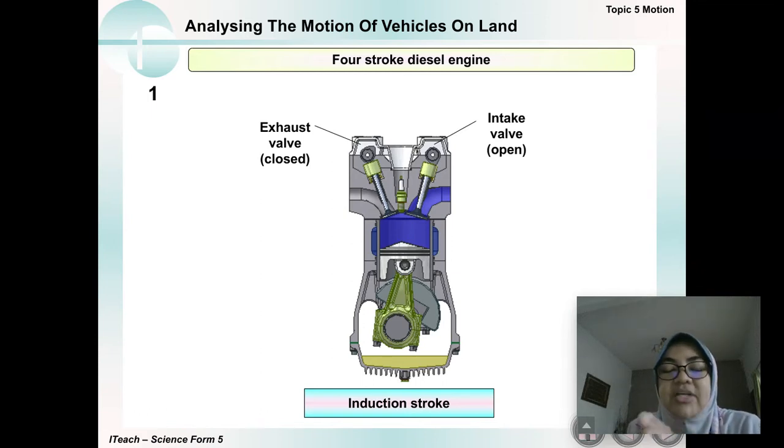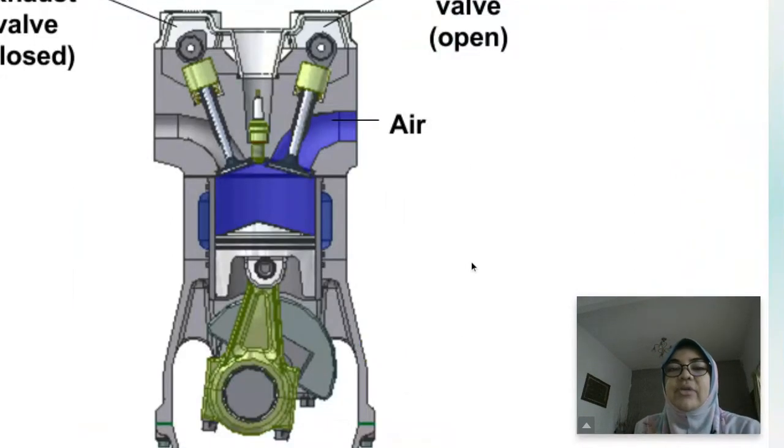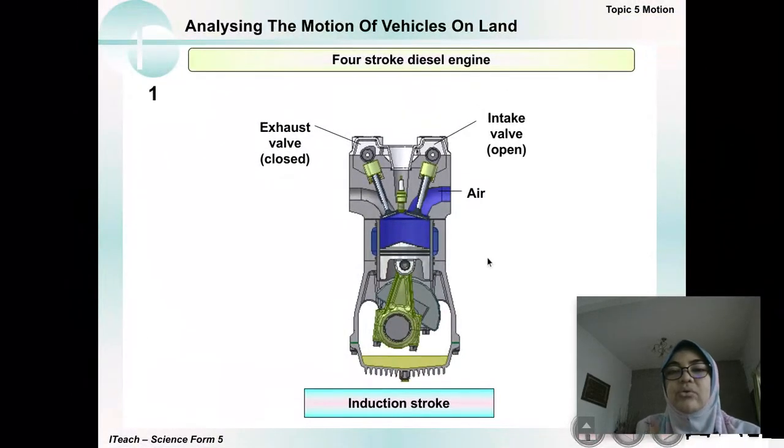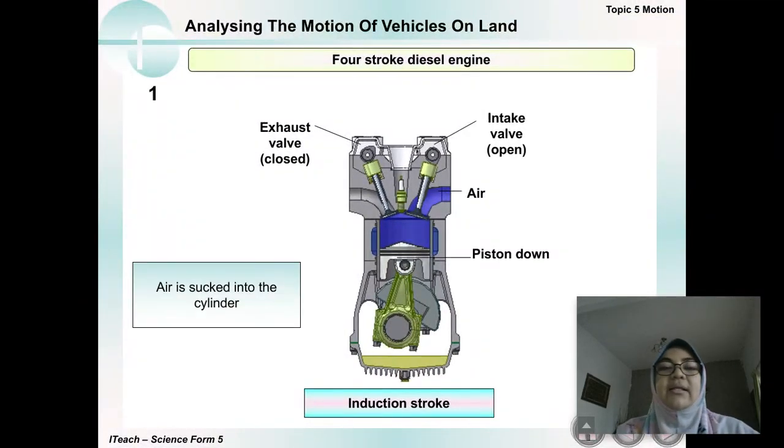Sama juga induction stroke, intake valve dia open, exhaust valve dia close. So intake valve open, sama macam petrol tadi, tapi untuk diesel, dia suck air je. Dia tak masukkan fuel. Kalau petrol, dia masuk fuel dengan air.